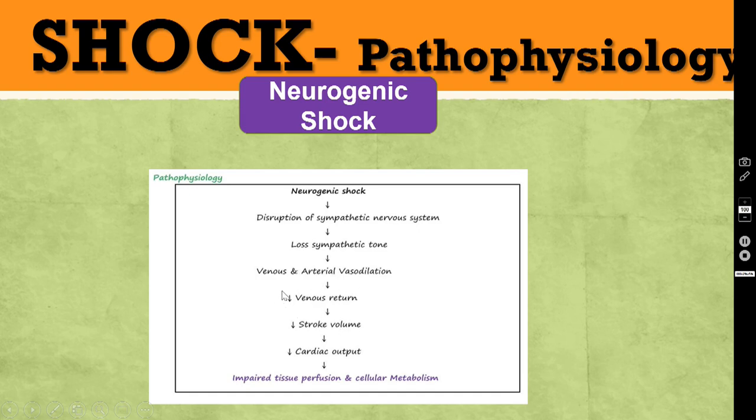Because of the decreased venous return, there is decreased stroke volume, eventually resulting in decreased cardiac output that will finally result in impaired tissue perfusion and cellular metabolism. The classical example of neurogenic shock is spinal cord injury. That is the example for neurogenic shock.